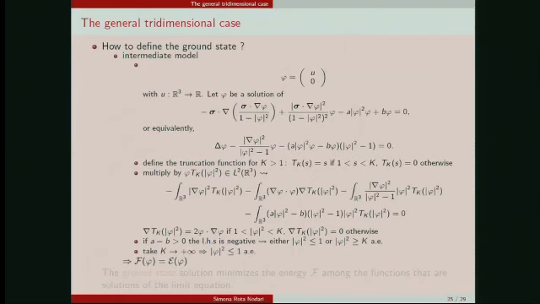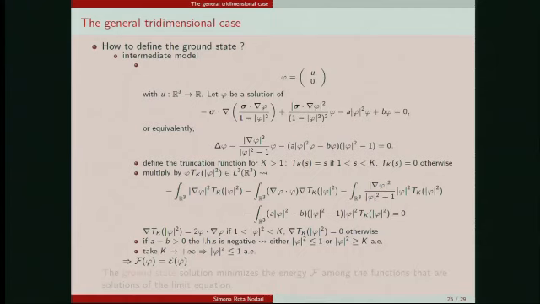Now define Tk as the truncation function for all k bigger than 1 and multiply this equation by phi times Tk phi squared in L2. By doing this, we find this expression here, and since the gradient of Tk phi squared is given by this expression, if A is bigger than B, then the left-hand side of this expression is negative. And then each term here has to be equal to 0.